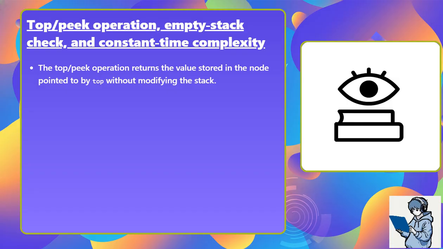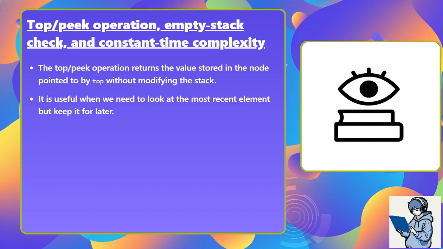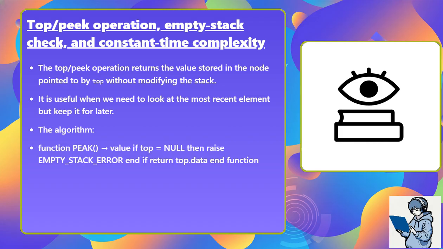The top/peek operation returns the value stored in the node pointed to by top, without modifying the stack. It is useful when we need to look at the most recent element but keep it for later. The algorithm: Function peek returns value. If top equals null, then raise empty stack error. End if. Return top.data. End function.